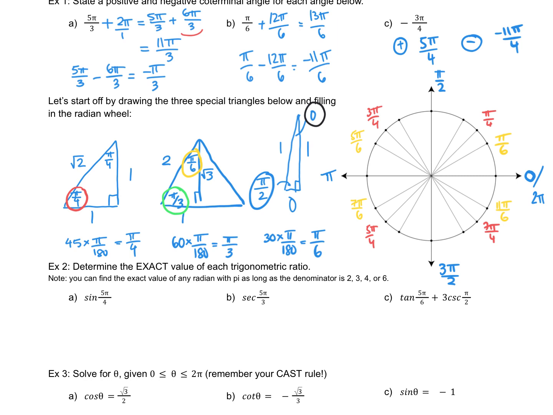Finally, our pi over 3, which is our 60 reference angle. In quadrant 2, pi minus pi over 3 is 2 pi over 3. In quadrant 3, we're doing pi plus pi over 3, which is 4 pi over 3. And finally, 2 pi subtract pi over 3, 5 pi over 3.